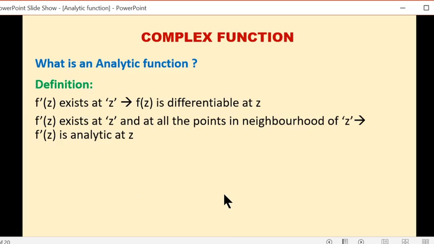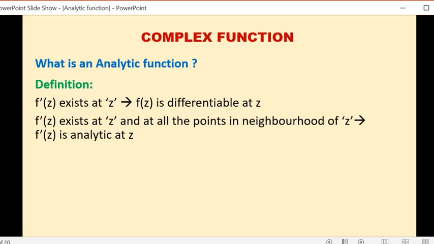For example, if we have a function f of z equal to sine z, what is the derivative of sine z? Cos z, correct. Does cos z exist for all values of z? Yes. So the derivative of sine z exists at z.